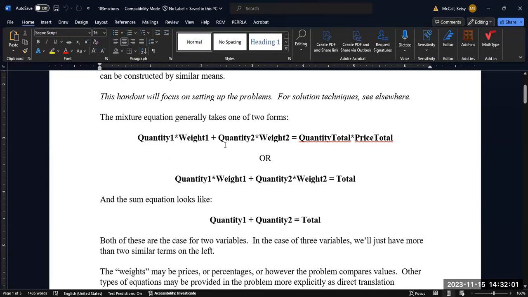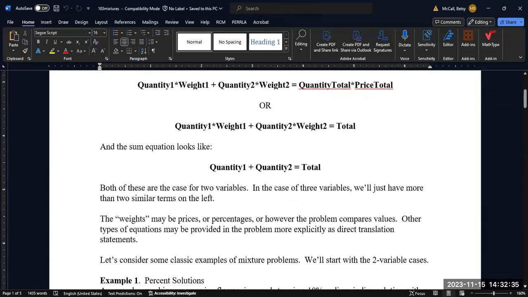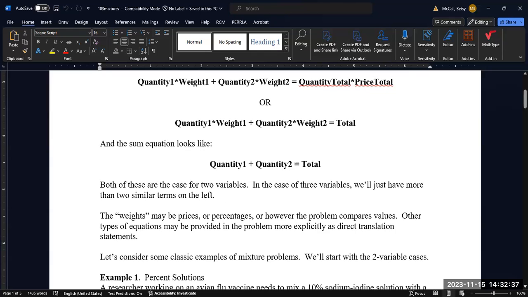Alternatively, you can have this left side of the equation be the same, but then you're only given a total, where you're not given the actual quantity at all, but you're just given what the result of this product is. And so your first equation is going to be one of these 2 types in the 2 variable case. And then the second equation will be of the form quantity 1 plus quantity 2 is equal to some total quantity. Typically they'll tell you how many coins there are or something like that.